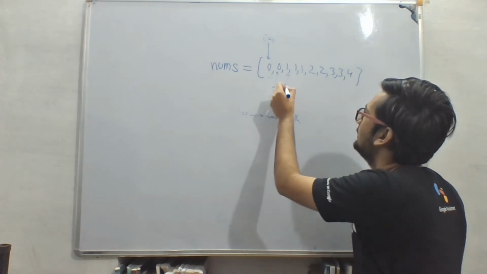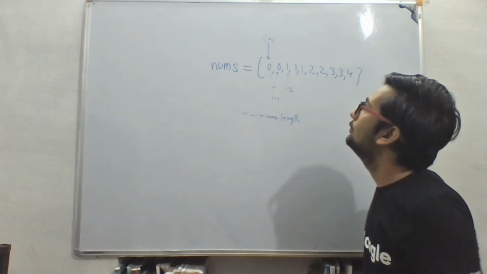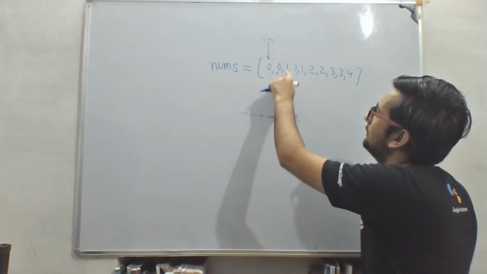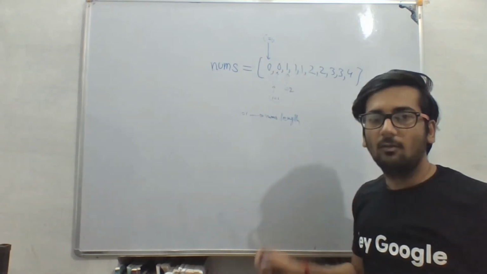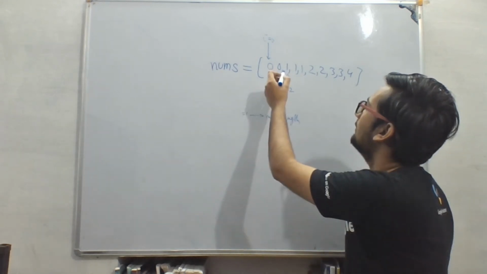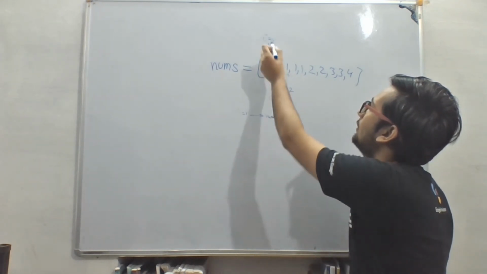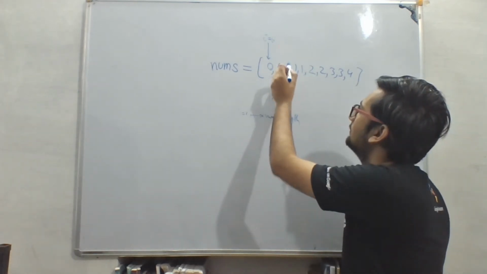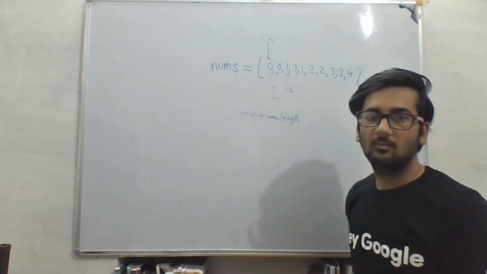So now the value of i moves forward. Now the value at ith is not equal to the value at jth. So we will swap the next value of the jth pointer with this value at the ith pointer.